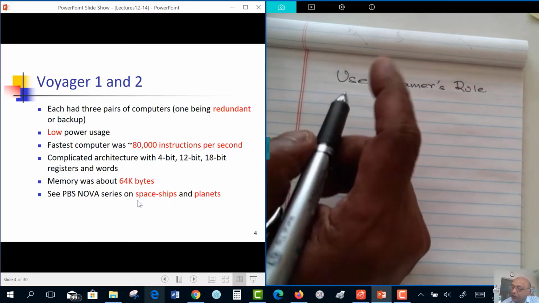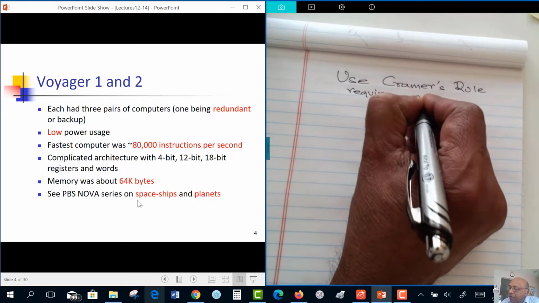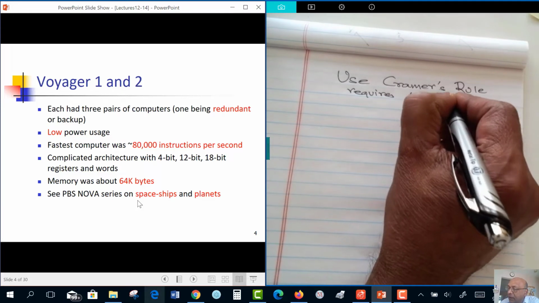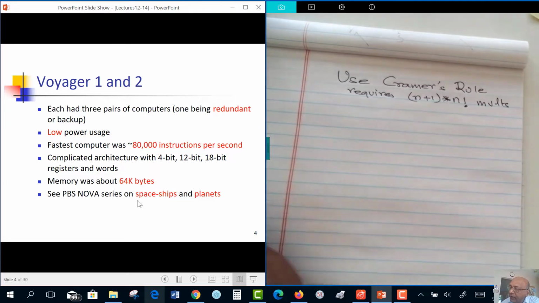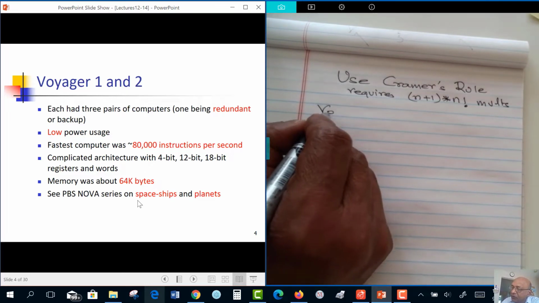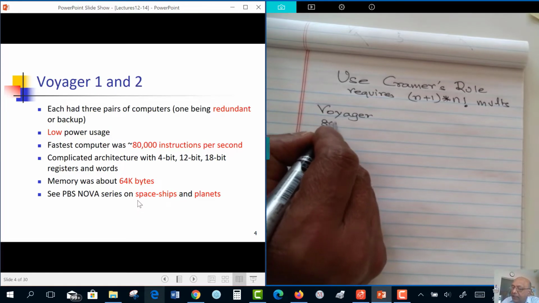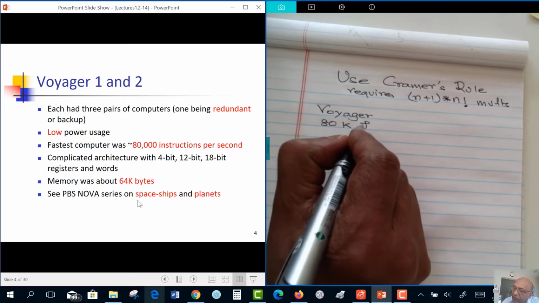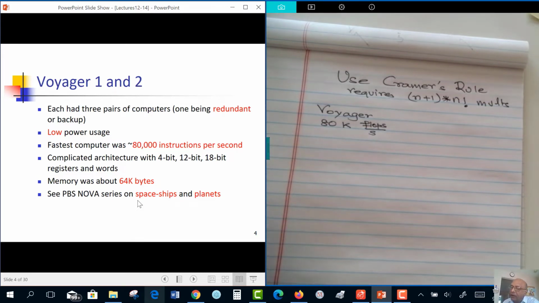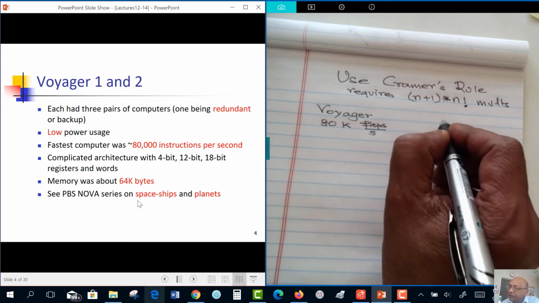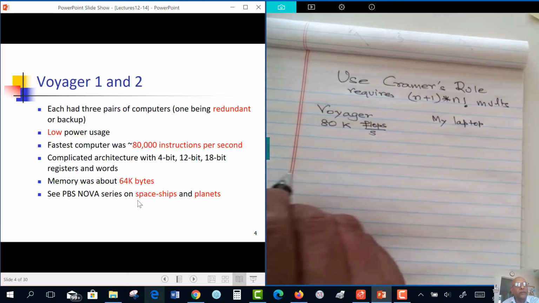But back to our Cramer's rule. So this requires n plus 1 times n factorial multiplications. Let's suppose we were to use this on the Voyager computer, which does 80,000 floating point operations per second. And let's consider my laptop.